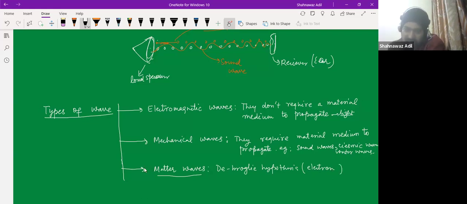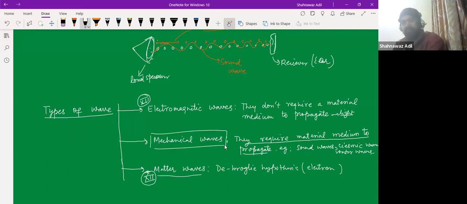You will study this part in the 12th standard. So we will study those waves which require a material medium to propagate. We'll study this mechanism in this class.